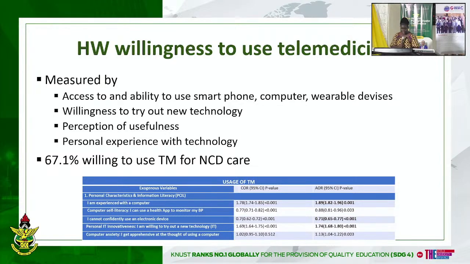For the health workers, willingness was measured using factors such as accessibility to smartphones, the ability to use computers, wearable devices, amongst others, their perception of usefulness of technology, as well as their personal experiences. And it was realized that 67.1% emphasized that they were willing to use telemedicine for NCD care.